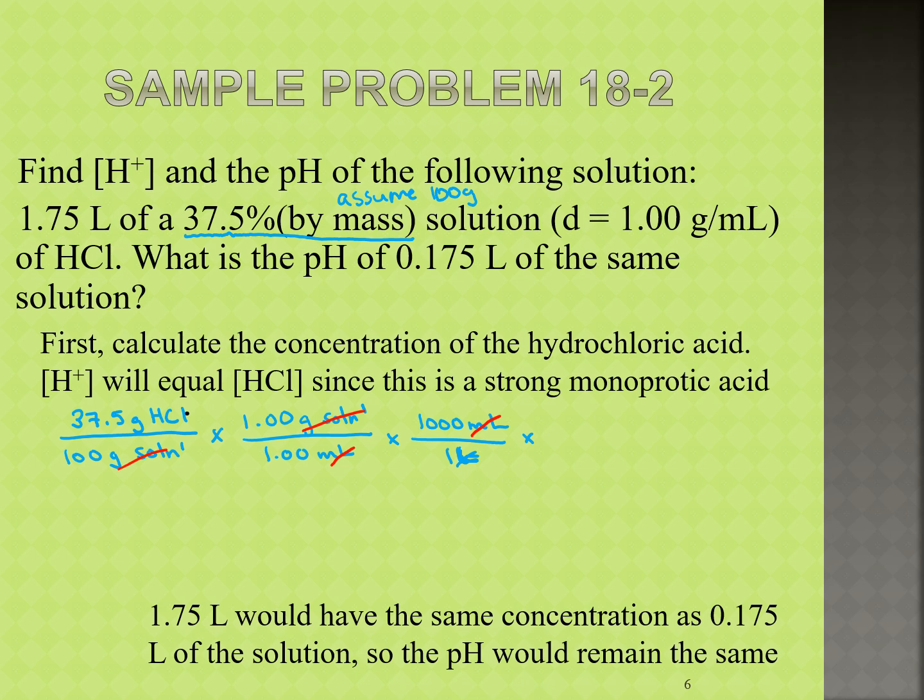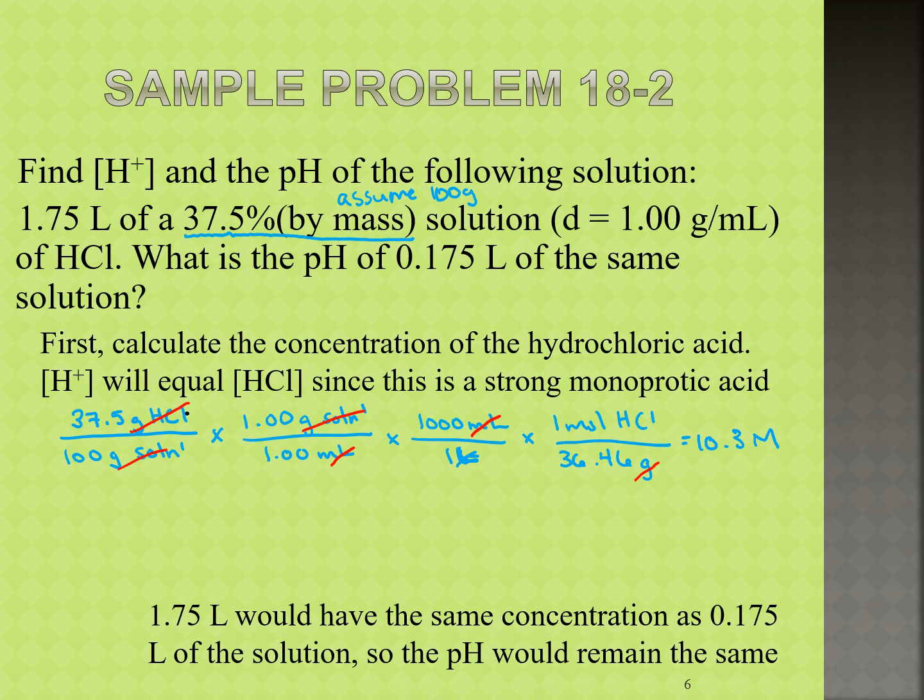So let's convert this into moles. 1 mole of HCl happens to weigh 36.46 grams. So we can now say I have moles of HCl per liter, and we get this to be a 10.3 molar solution.